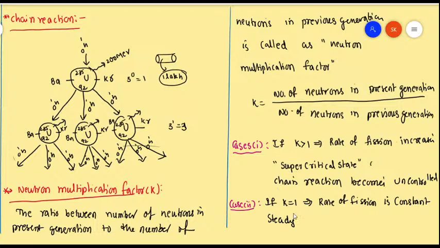The rate of fission is constant, and the chain reaction occurs steadily. The rate of fission does not increase or decrease, it occurs steadily. Then this is called the supercritical state.